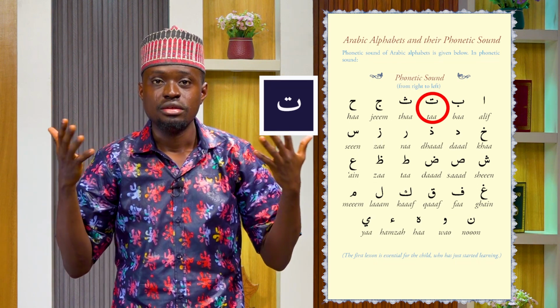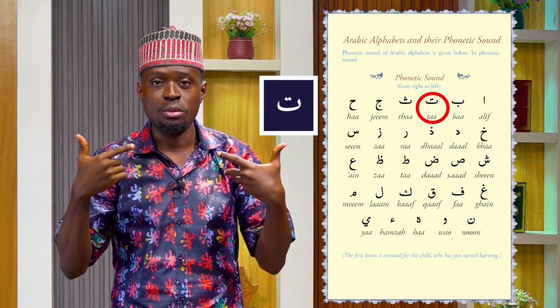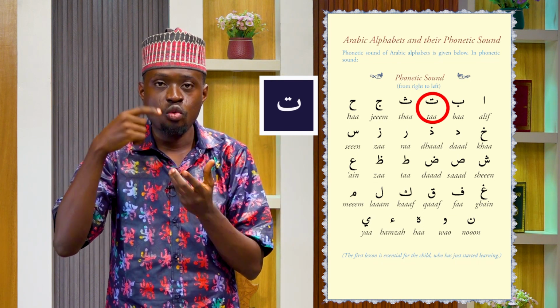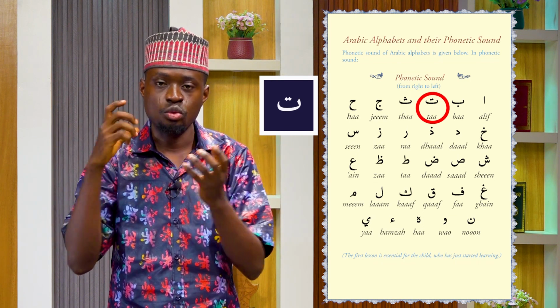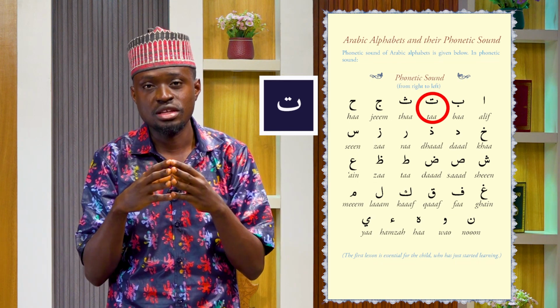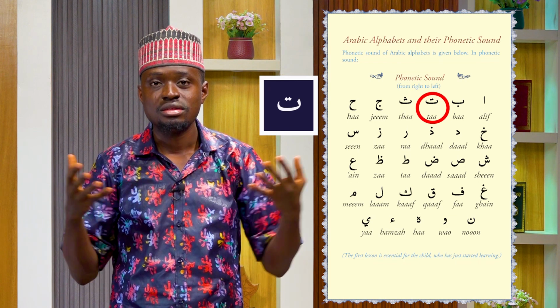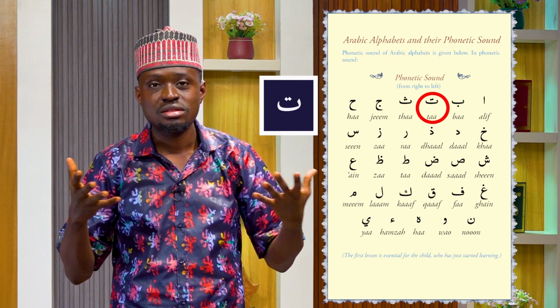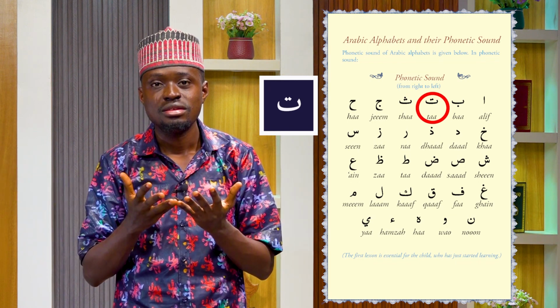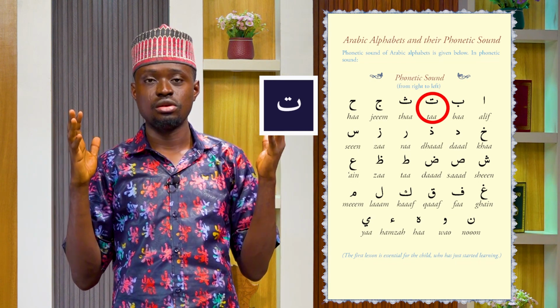You can pronounce it at home and see. So observe where your tongue is touching from within when you are pronouncing this letter. Ta. That is the third letter.